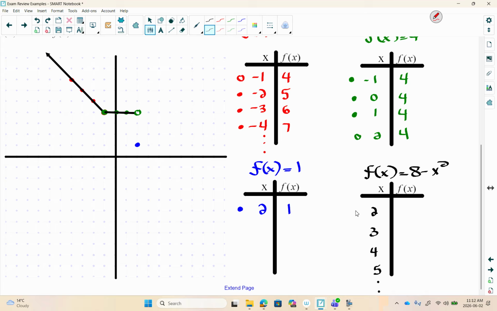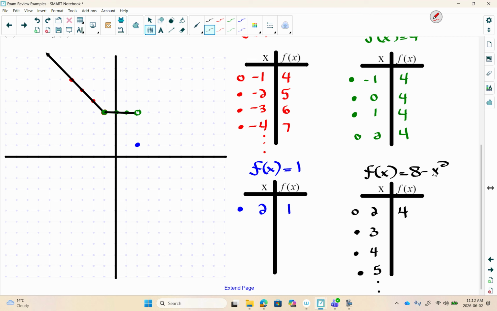How do I exclude the 2 if it's just greater than 2? Open dot. This would be closed, this would be closed, this would be closed. Why don't I just remove the 2 and start at 3? Could be 2.5, could be 2.1 or 2.01. What's f at 2 going to equal? 8 minus 2 squared, that's 8 minus 4. 4.